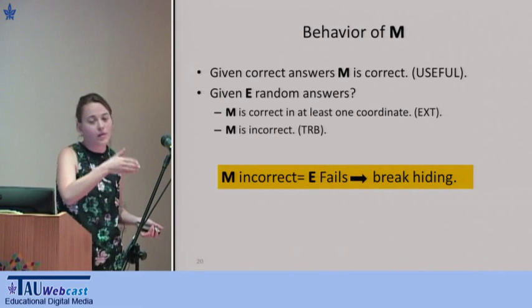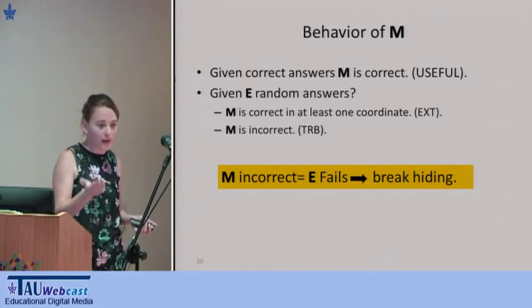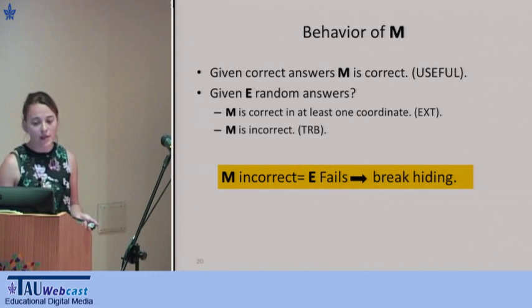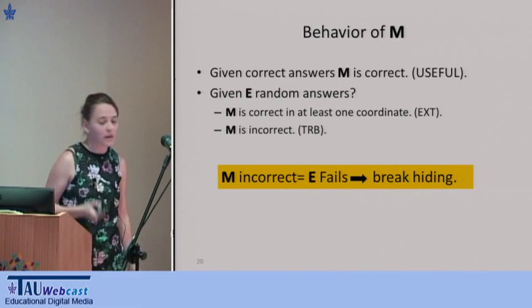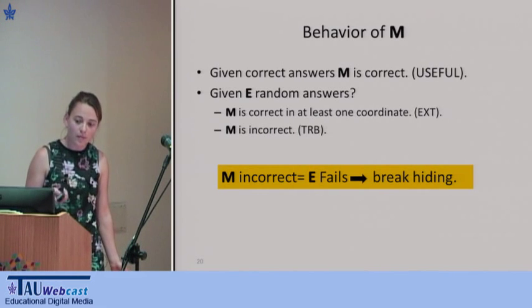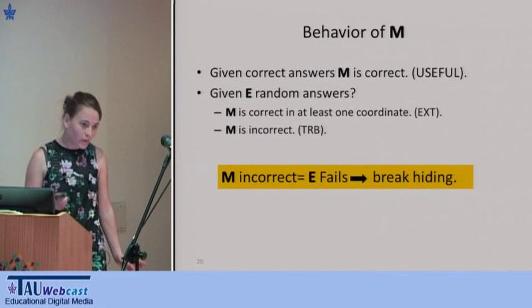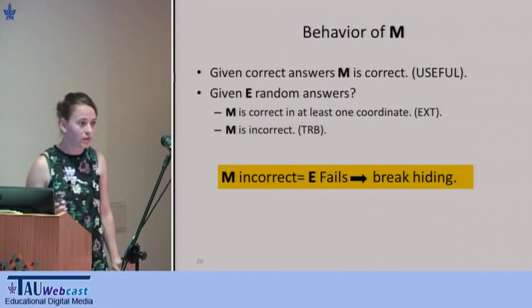We go over every coordinate, look for the collinearity test, find 1 collinear, goodbye, we're done. But what if he answers incorrectly everywhere? So what we show is that it cannot be. If M is incorrect, E will fail, and we show that we can use this M to break the hiding of our protocol. Okay? Are there any questions? No?